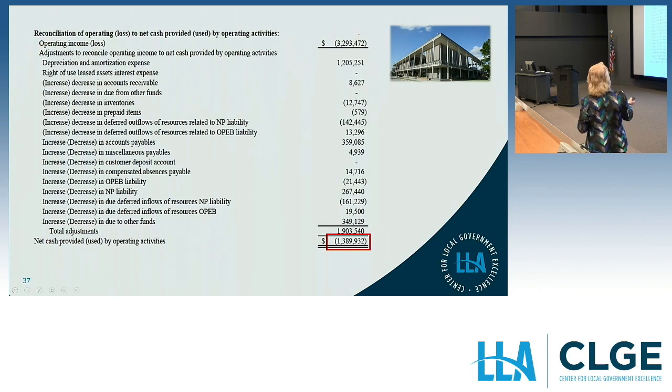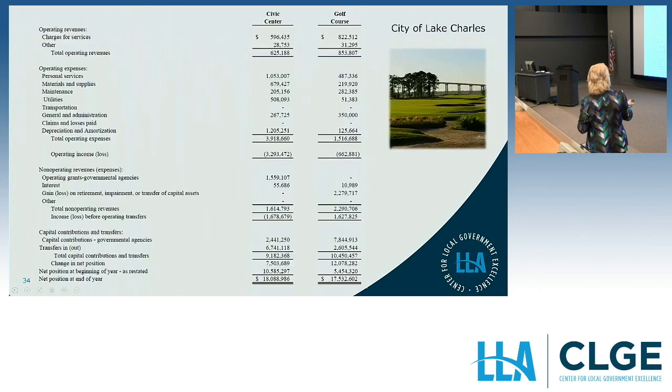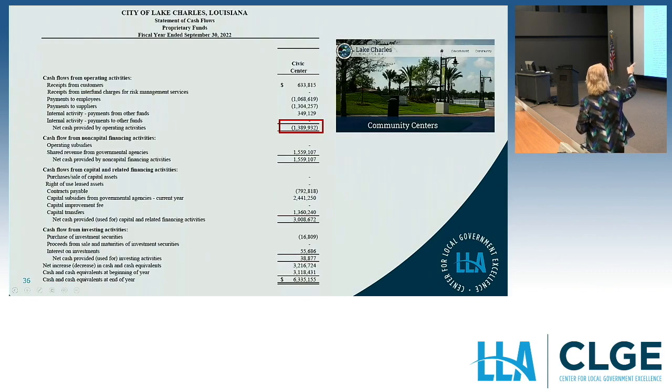The 3.2 million deficit at the top, that's right there in the middle. Operating income loss, 3.2 million. So that's what we're reconciling. That 3.2 million loss to this $1.3 million on the cash flow side. Okay, why? This is cash flows.